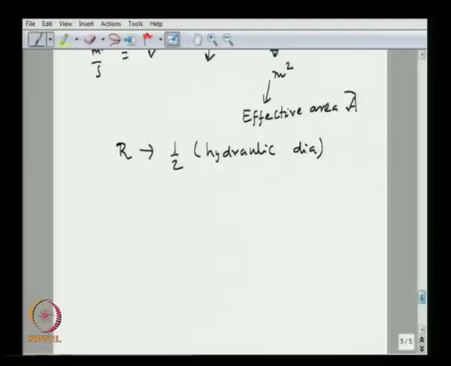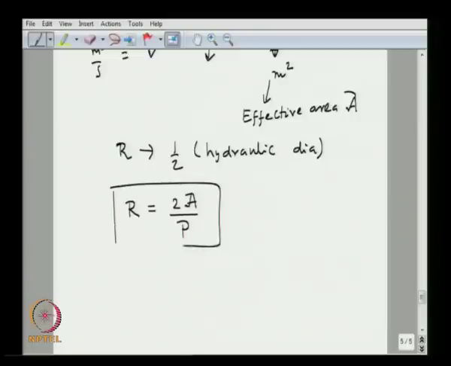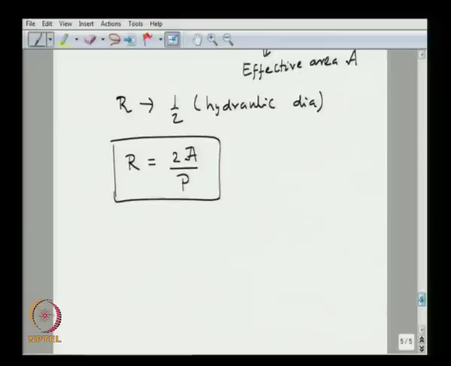So, in that case you can write R to be 2 into the area of cross section over the perimeter. So, you can write the expression for R, right. Now, for a circular cross section, R will be equal to A.